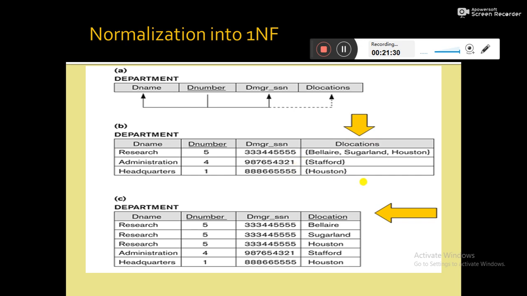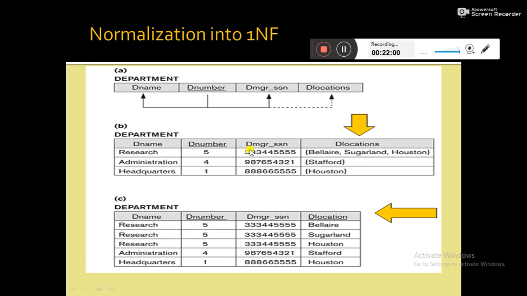So we can say that the relation department is violating 1NF, means the relation department is not in 1NF. Why? Because the department relation has an attribute D location which is a multi-valued attribute, and if a relation has a multi-valued attribute, then the relation is not in 1NF.